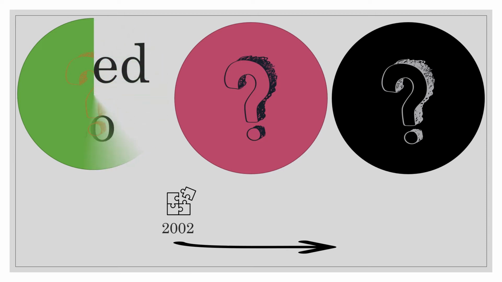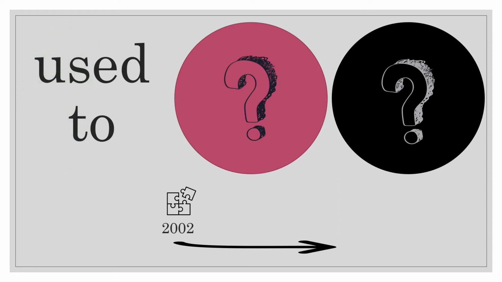And you can see that the structure here, talking about something in the past, it was a habit, it was something that I really had in my schedule, in my daily life. I used to. Okay, so back to 2002, I used to do jigsaw puzzles.